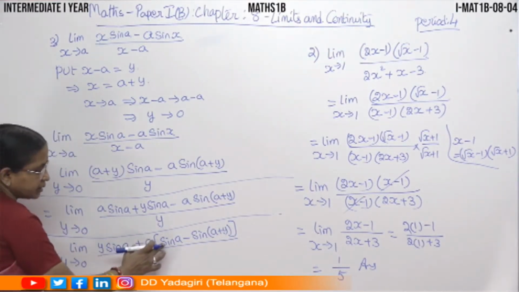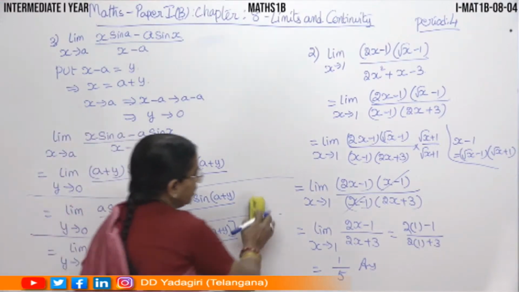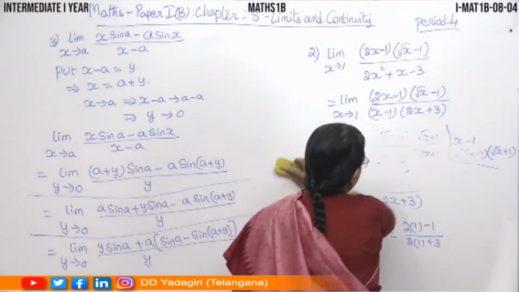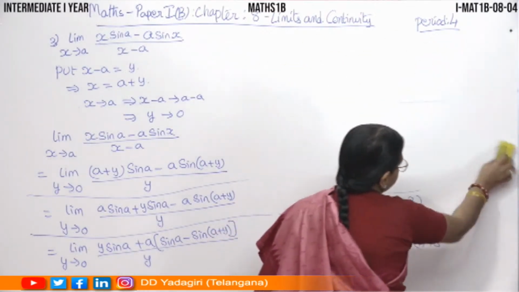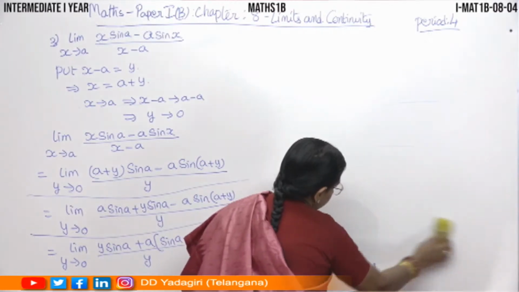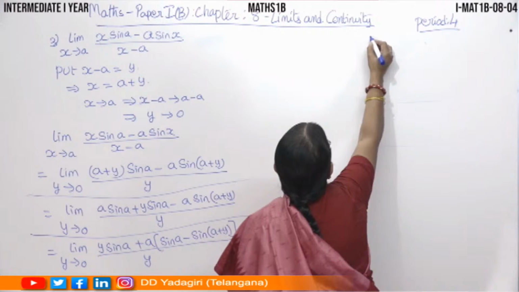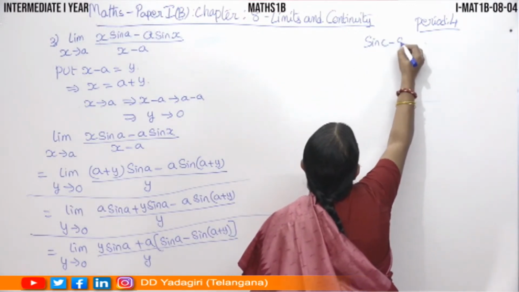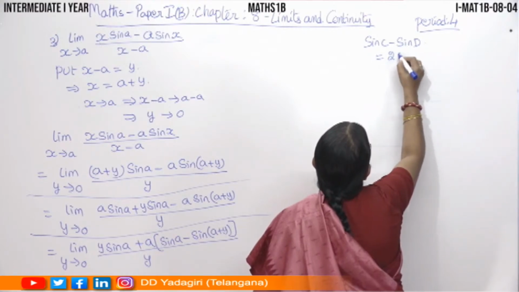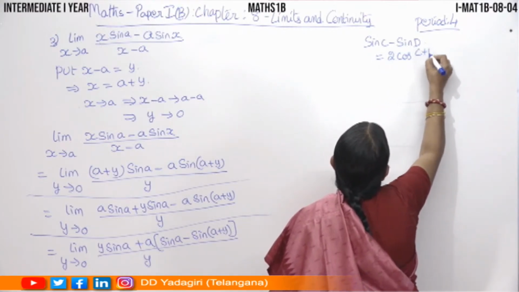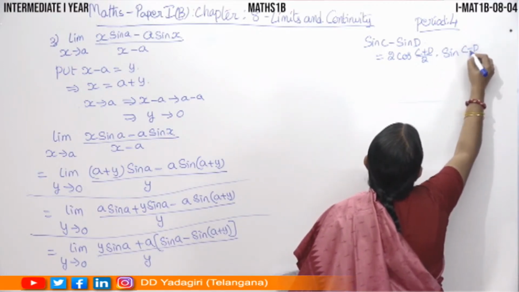Now this is in the form sin c minus sin d. In trigonometry you have the transformation formula: sin c minus sin d is equal to 2 cos((c plus d) by 2) into sin((c minus d) by 2).